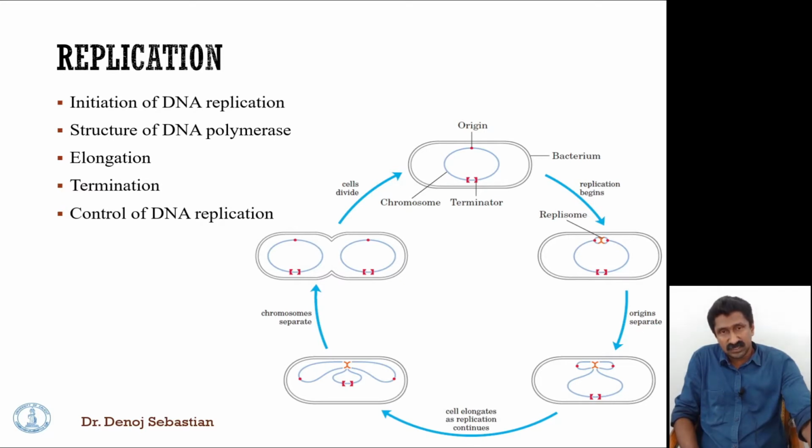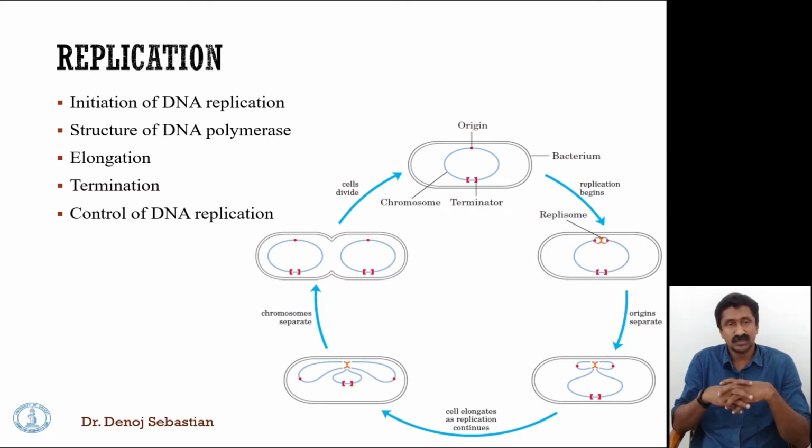And from this original cell which contains the circular DNA, when the replication begins, it forms a replisome. Replisome is formed by a localized unwinding of the DNA strands at the origin, and binding of the required DNA synthesis machinery, including the polymerases and different enzymes or protein factors that regulate the DNA replication process, and a replisome or a unit of replication is formed, which will proceed in both the directions.